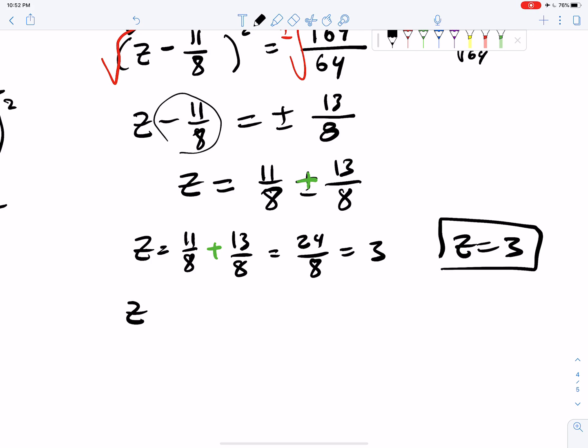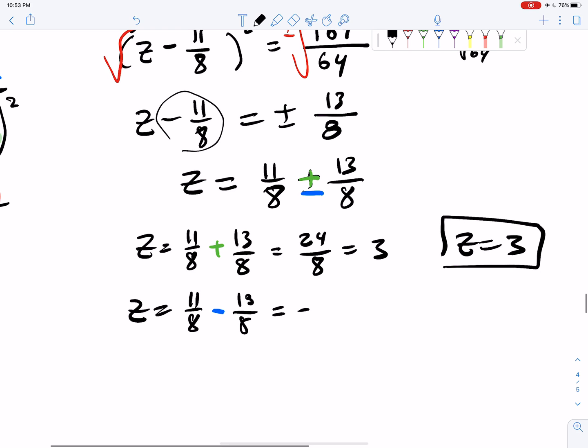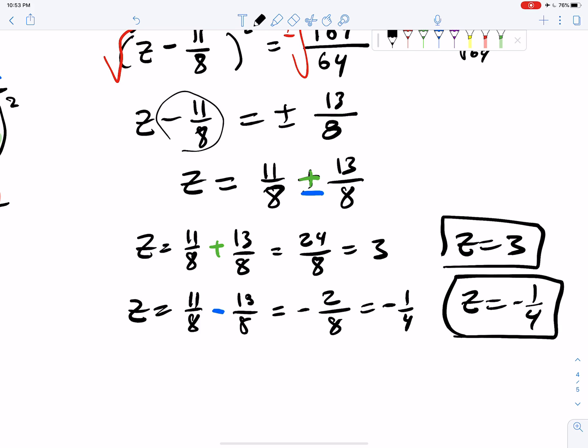The other answer comes from taking 11/8 and 13/8 and subtracting, using that sign. 11/8 minus 13/8 gives us negative 2/8, which reduces down to negative 1/4. So z equals negative 1/4, and we get two nice rational solutions.